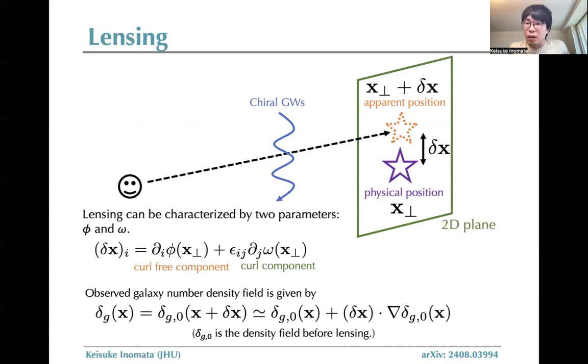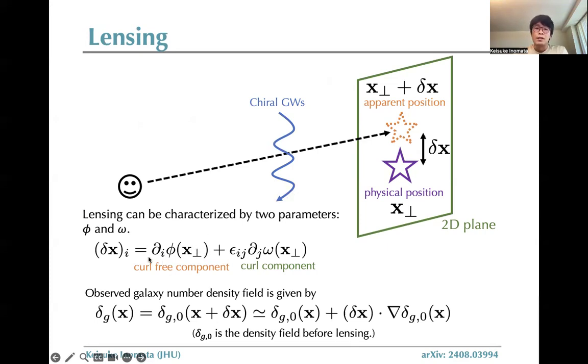Now let me explain what lensing is. If gravitational waves pass between the observer and the galaxies, the apparent position is shifted from the physical position here. So this is lensing, and the lensing can be characterized by two parameters, phi and omega, like this.